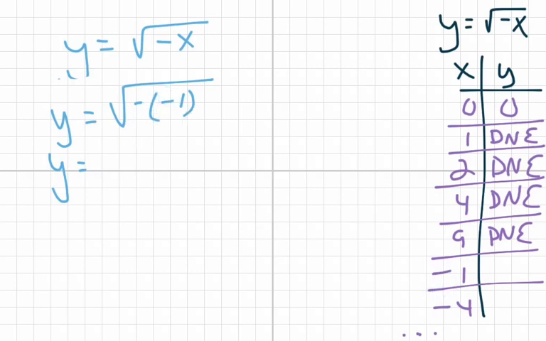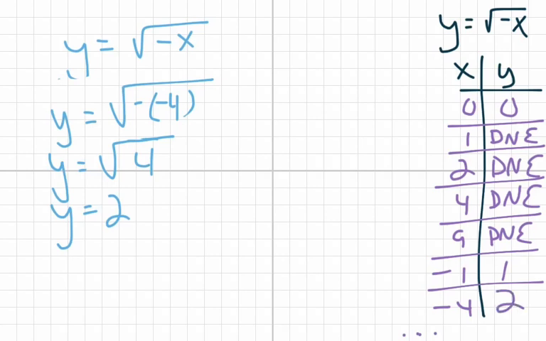And the opposite of an opposite is the positive. And the square root of 1 is 1. And now suddenly I actually have values for those numbers that were not giving me values before. Let's try this with the negative 4. So that would be the opposite of 4, which would be 4, and the square root of 4 is 2.